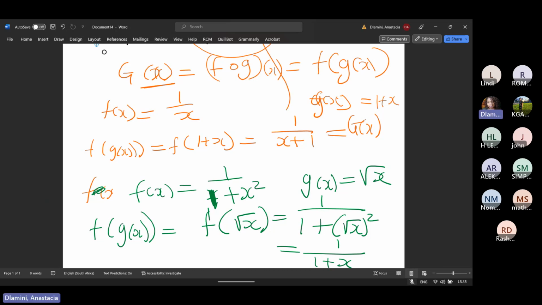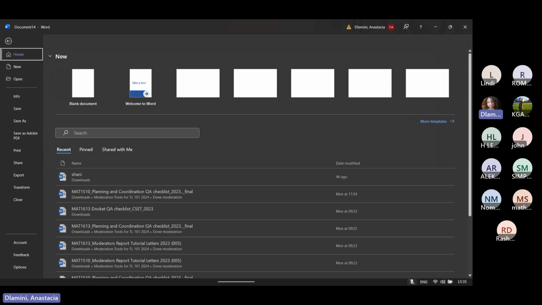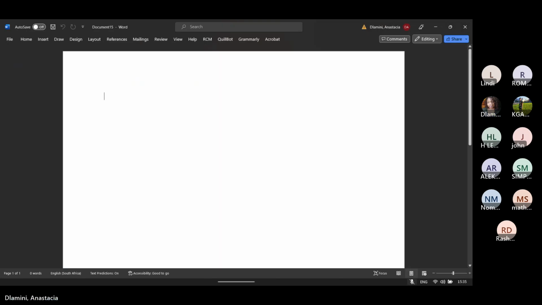One last thing is, remember someone talked about a one-to-one function? In the first discussion, someone talked about a one-to-one function. What is a one-to-one function? That is page 219.